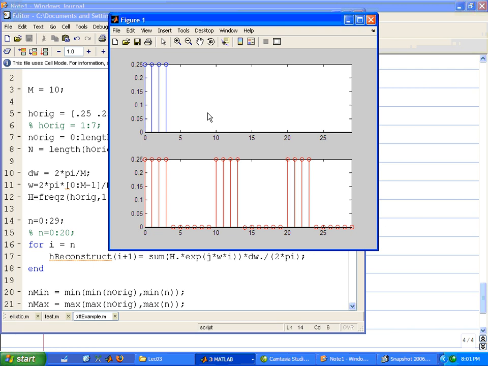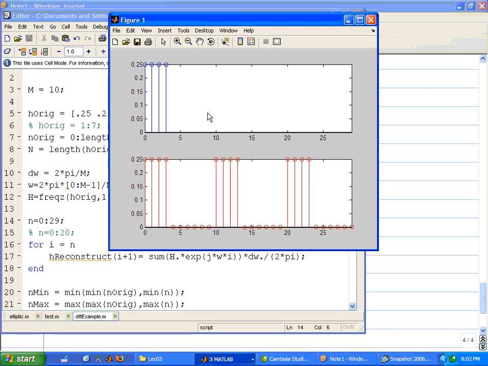We sampled its DTFT in 10 places. When I take the inverse DTFT, we can see that I get the correct signal, but it's repeating with what frequency? 10. So 0, 10, 20. It's periodic. If you take M equal to 4, then it will be 4.